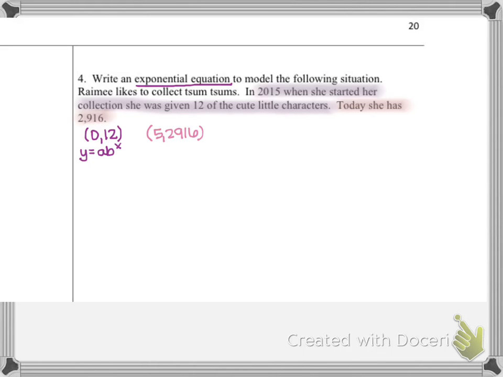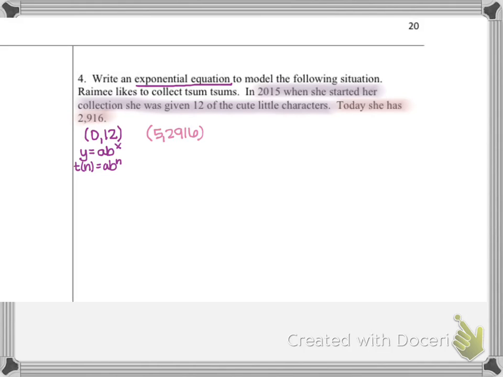I like using the x and the y equation originally and then maybe changing it to n and t of n at the end depending on what's necessary. So does xy make sense in this situation, or does nt of n make sense in this situation? Either way, it doesn't really matter. You could use either of those while you're manipulating the equation.